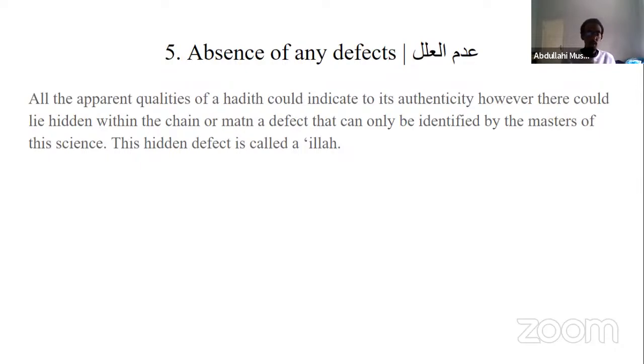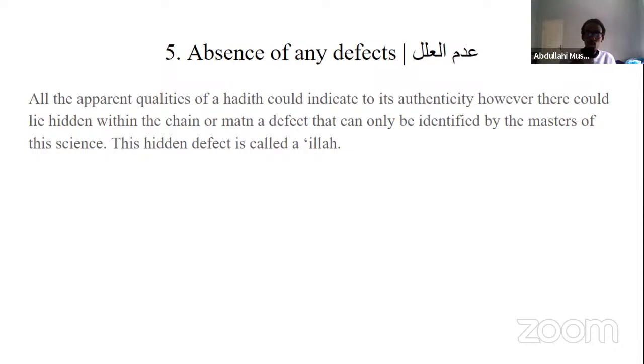However, just to explain this idea, all the apparent qualities of a hadith could indicate its authenticity, which means that we've now ticked the first 4 boxes for a particular chain and hadith. However, there could lie hidden within the chain or method a defect that can only be identified by the masters of this science. This hidden defect is called an illah.